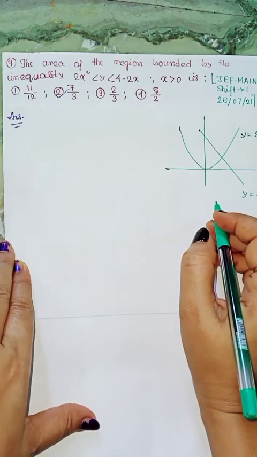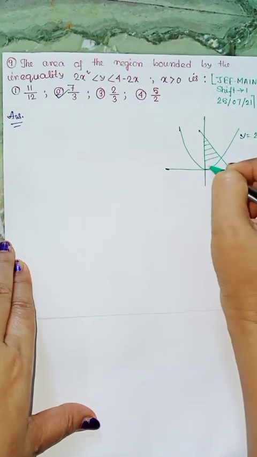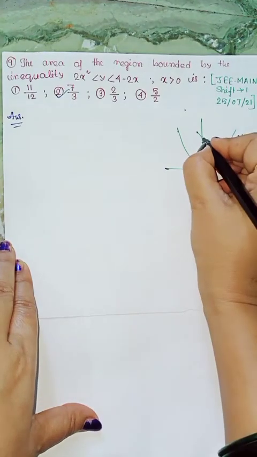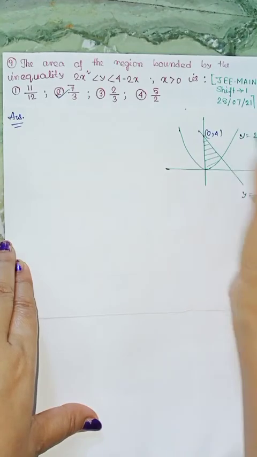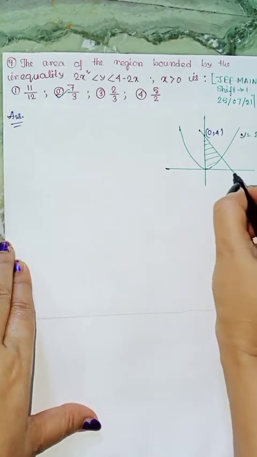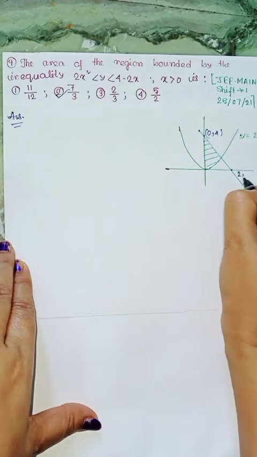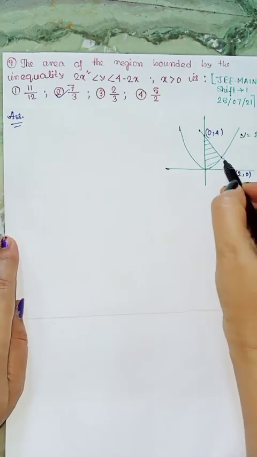So this portion we should calculate, the area bounded by the curve. Now this point is 0 comma 4, and this point is 2 comma 0.